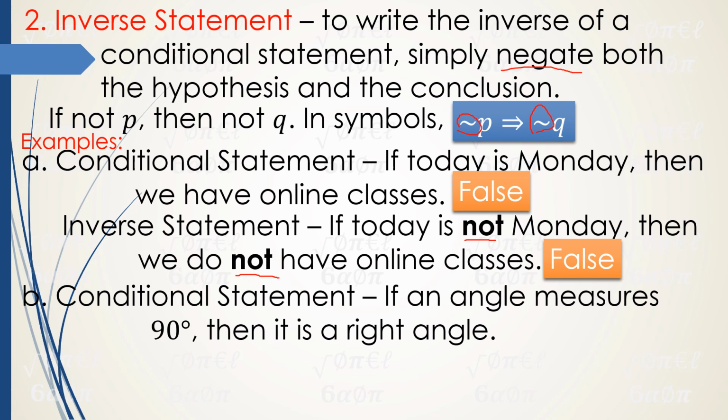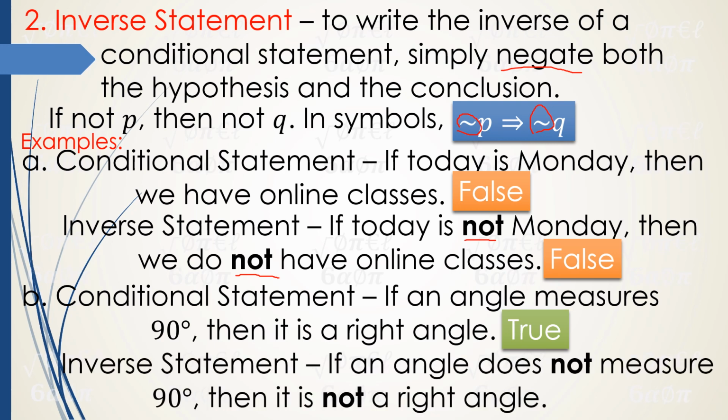Next, letter B. Conditional statement before. If an angle measures 90 degrees, then it is a right angle. We have the answer as true. For its inverse statement, lagyan natin ng not. If an angle does not measure 90 degrees, then it is not a right angle.